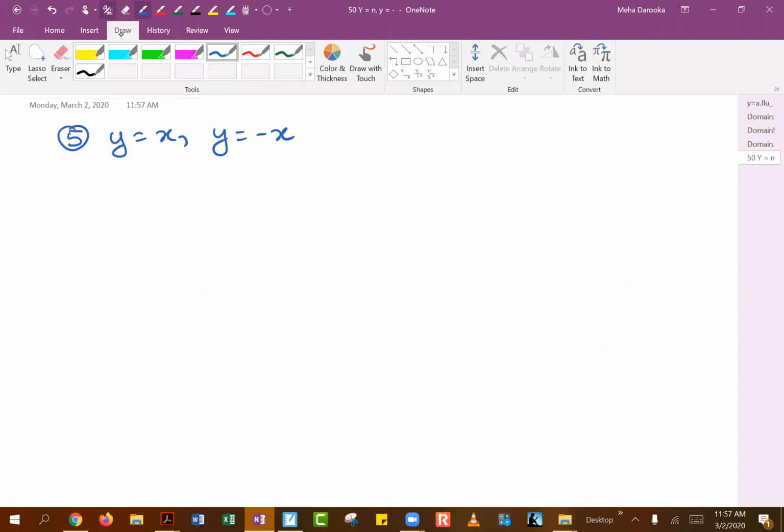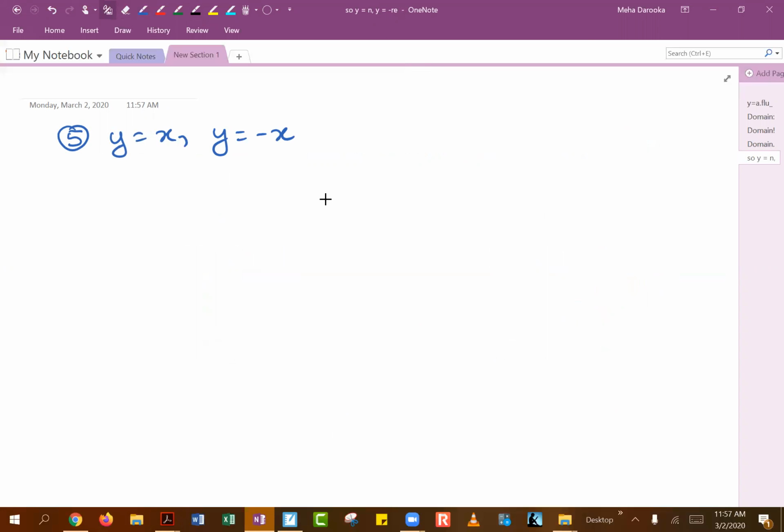Yeah, it's going to be straight lines. Okay, so our original function was at 0, 0, 1, 1, 2, 2, -1, -2.